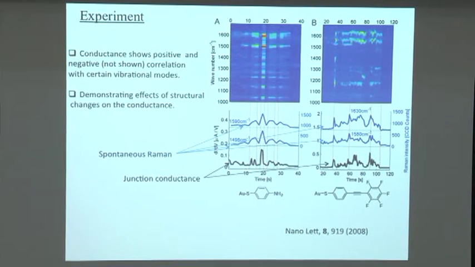charge current signal. Okay. And what they observe is that whenever these modes are excited, they see an enhancement in the conduction of the molecular junction. Similarly, they have seen the same effect in the other molecular junction. So they call them positively correlated junctions. In the same way, they find some molecular junctions that are negatively correlated.